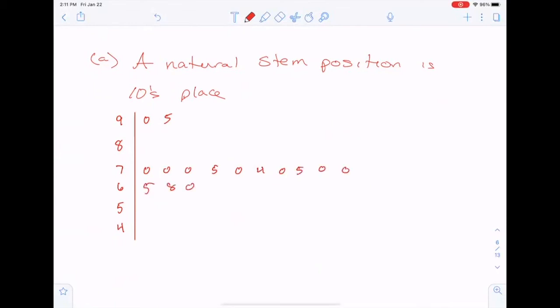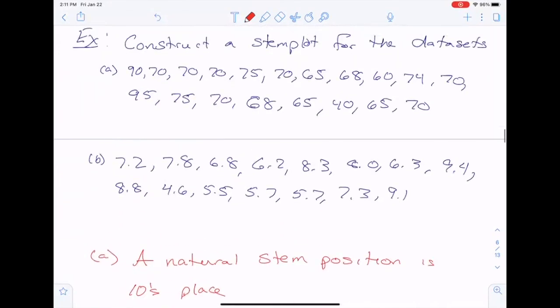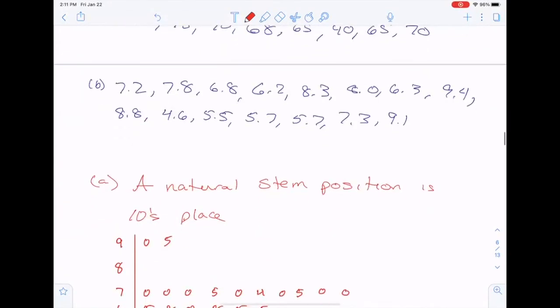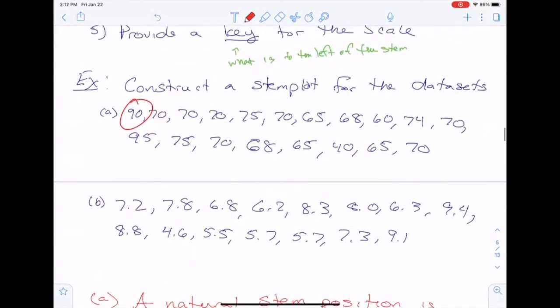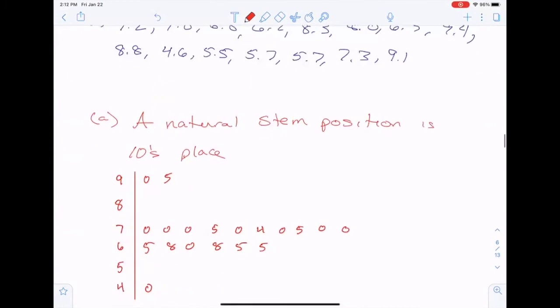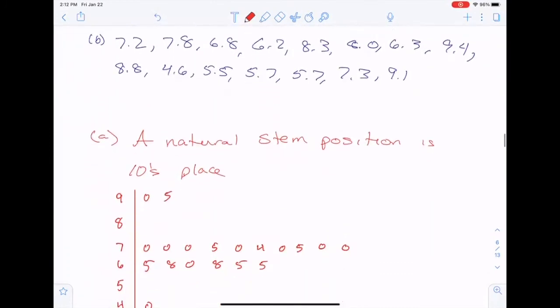When I first do this, I'm not worried about whether these rows are in numerical order. All I'm worried about is whether I get the leaves in the corresponding stems. So for example, this 90, I put that 0 right there. This 70, I'm going to put that 0 there. That's kind of where it goes. That's how we build this thing.